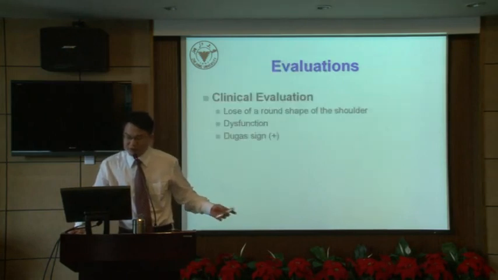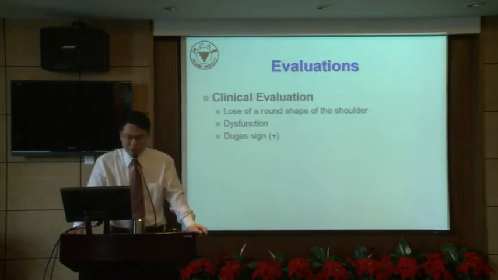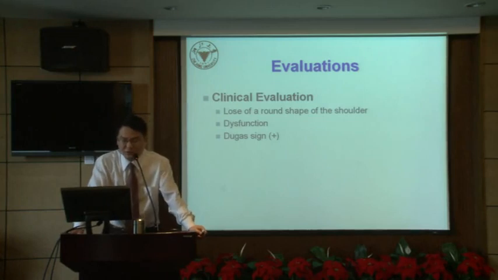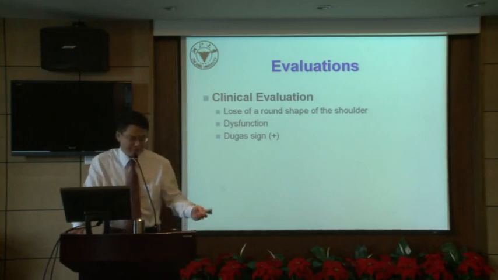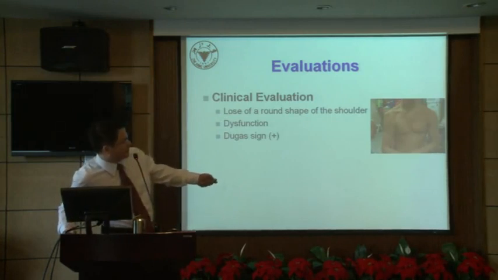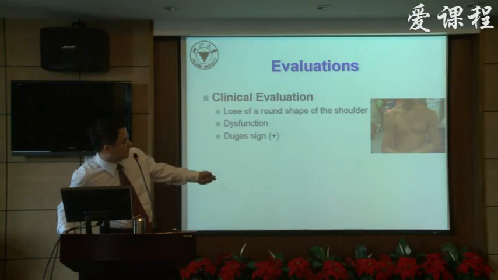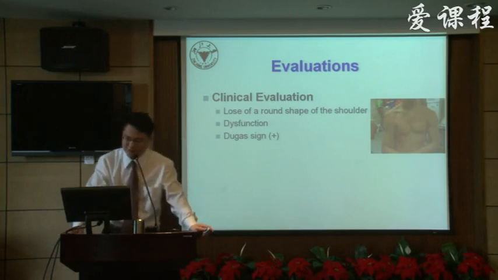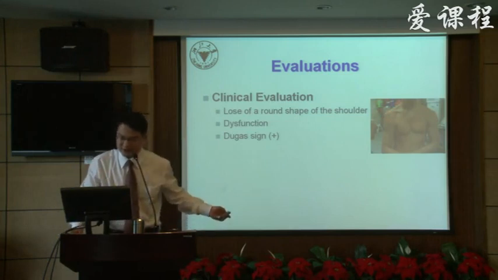For clinical evaluation, you will find the patient's shoulder loses its round shape, as I showed here for this man. For the healthy shoulder, there's a round shape here, while for this dislocated shoulder, you will see this kind of square. Here is a right angle, and you will feel some emptiness here in this dislocated shoulder.